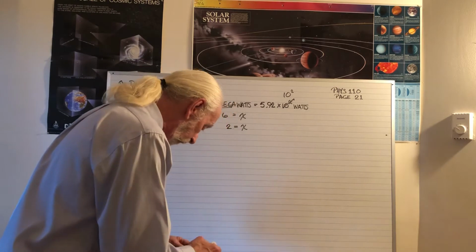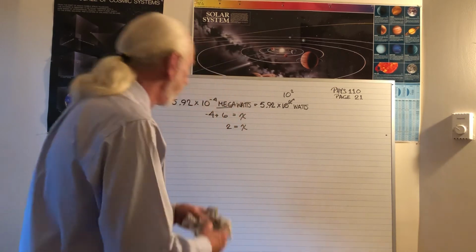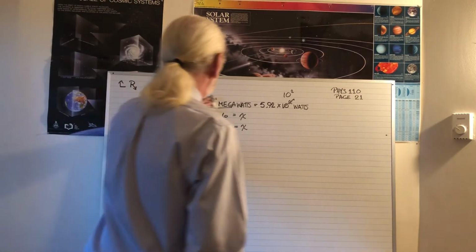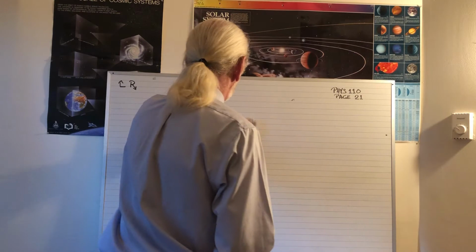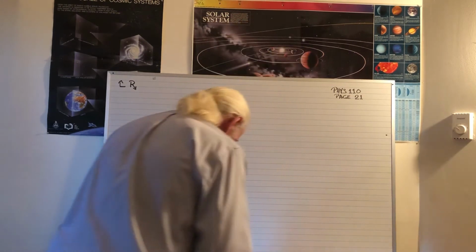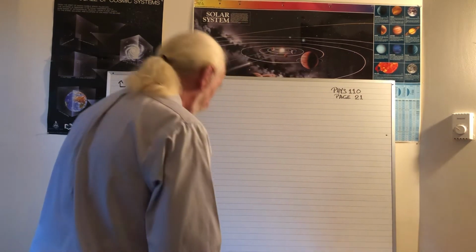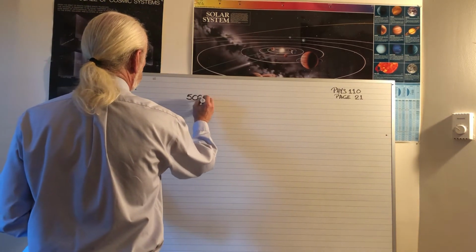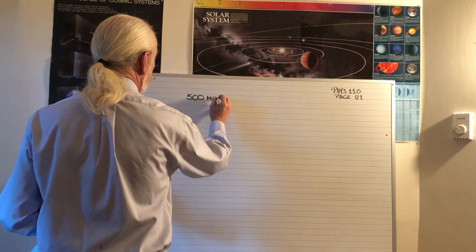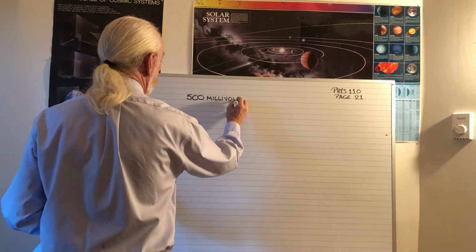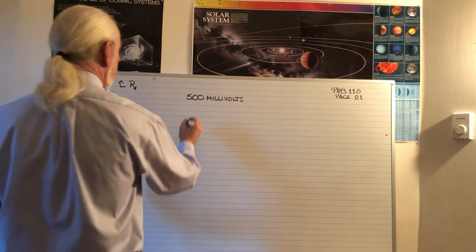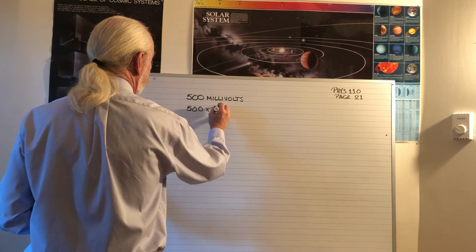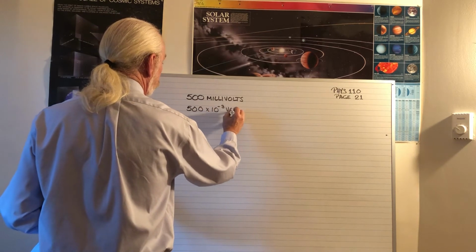Now the next 4 examples are a little more hairy. We're going to convert into standard notation. So this first one, 500 millivolts, and we're going to turn that into volts. So I'll start this way. I'm going to go 500 millivolts, which is going to be 500 times 10 to the negative 3 volts.